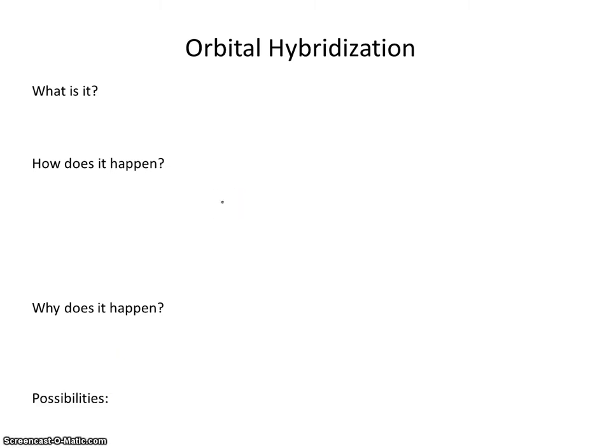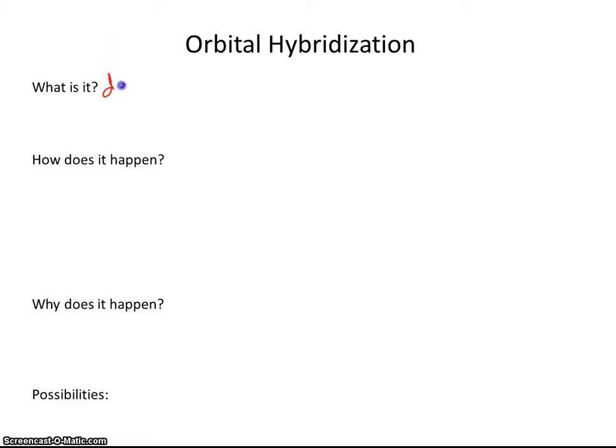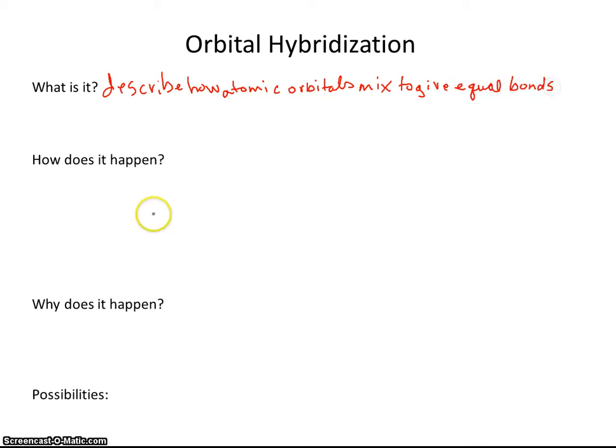So essentially, orbital hybridization is just a way that we can describe how atomic orbitals mix to give equal bonds, because we know S looks like this, P looks like this, and D's look like this.